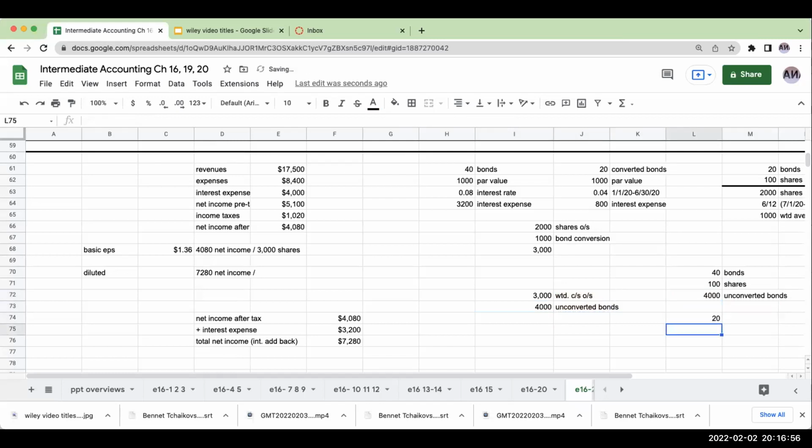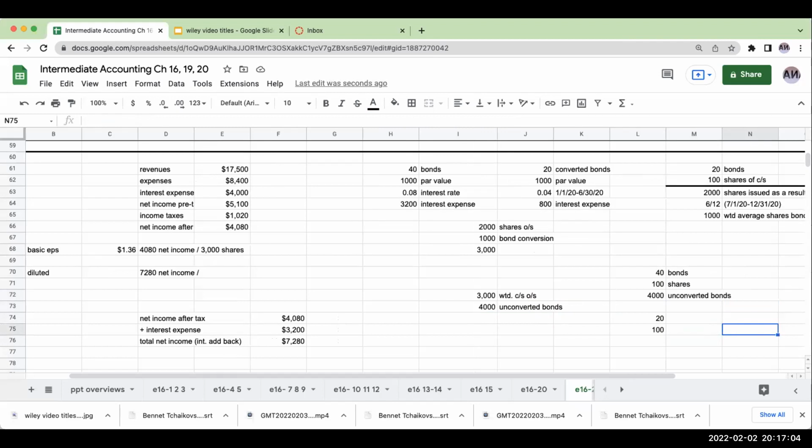For my converted bonds, we have that period of time from January 1st through June 30th. So we have 20 bonds, 100 shares of common stock, and this would have been a result of 2,000 shares issued. However, we're also going to have to multiply this by 6/12, right? This is from 1/1/20 to 6/30/20.